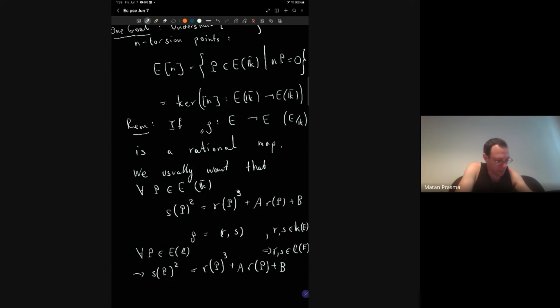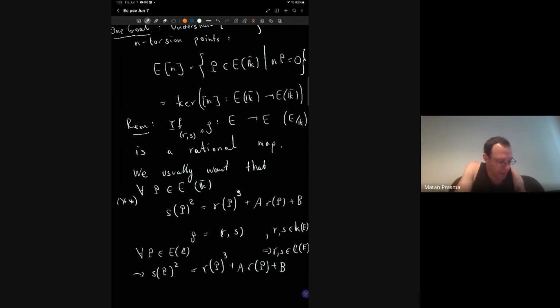And if I have this property, let's call it double star, double star is usually the property you want from rational maps.